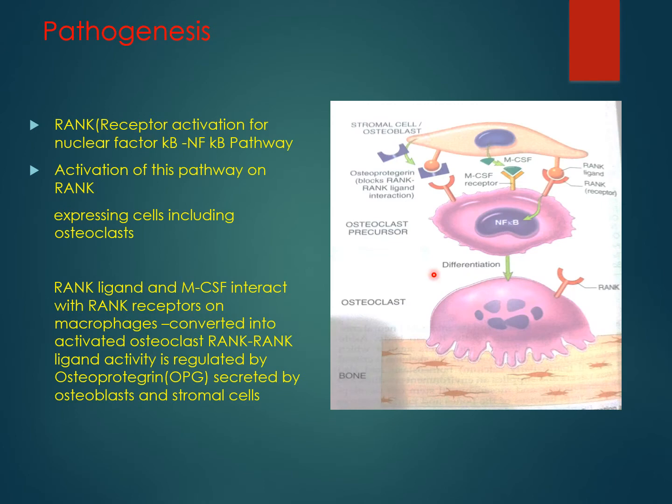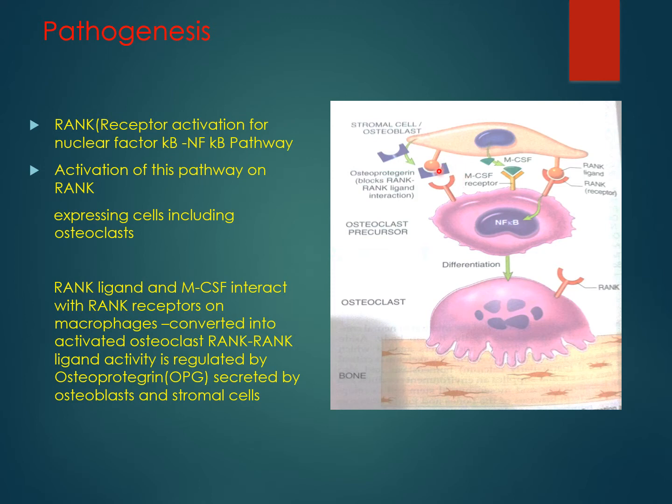Now, before we go to the actual pathogenesis of primary osteoporosis, a very important pathway known as RANK-RANK ligand NF-κB pathway needs to be explained. Now, on the stromal cells and the osteoblasts, there are ligands known as RANK ligands, and on the precursors of osteoclasts, there are receptors for this RANK ligand or RANK receptors.